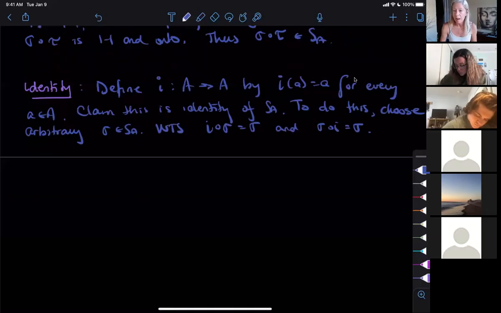Here's where you might find yourself stuck. How do you show that two functions are the same?